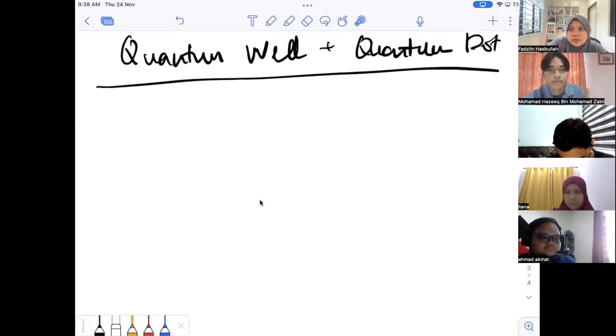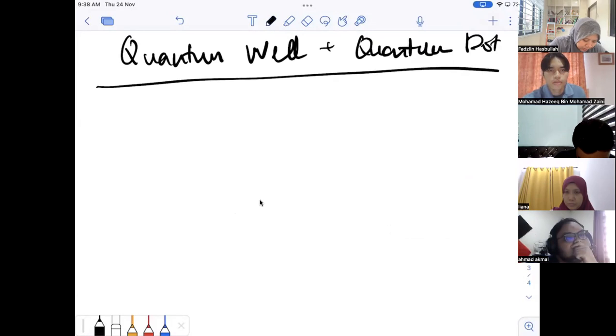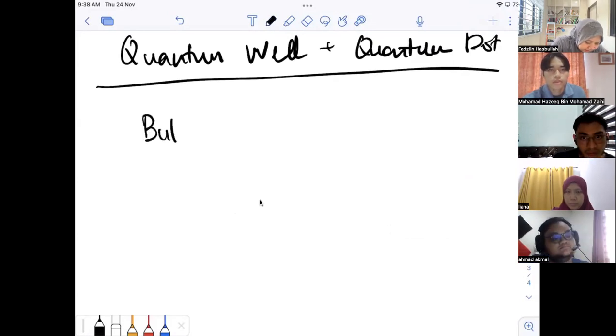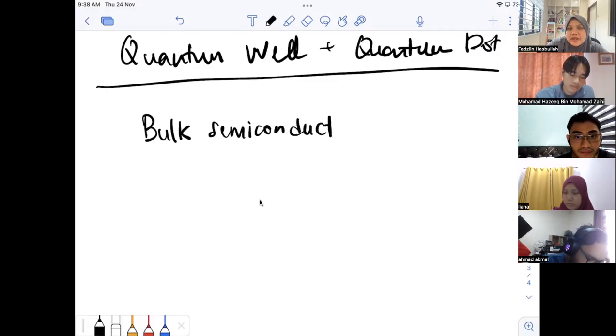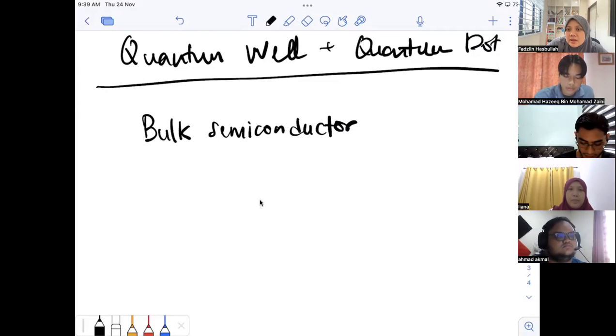So now quantum well and quantum dot. Okay. So everything that I taught you since the beginning of the class until now, we call that bulk semiconductor. Bulk semiconductor means that dia besar lah, is big. Now, what happens if we make the layer thinner?